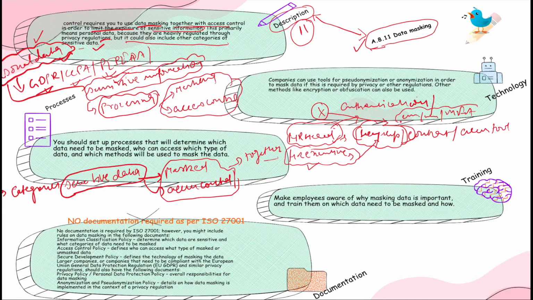Once this person is authenticated with his credentials, he then has to be authorized to see the level of information for which he is authorized.